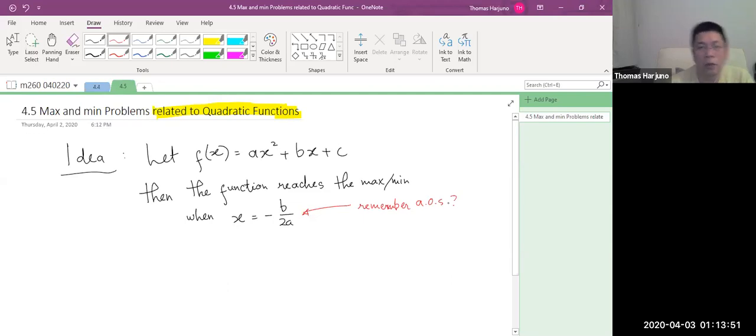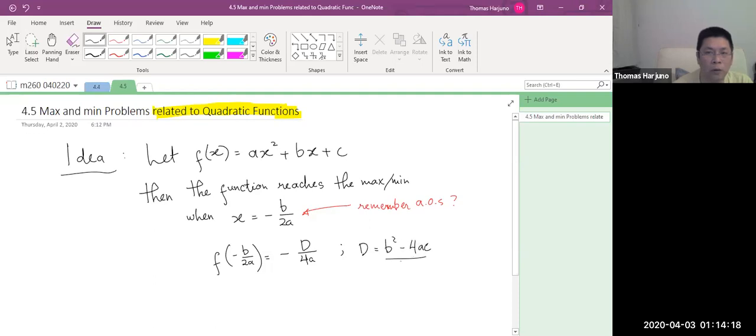On top of that, if I plug this x into the function, f of negative b over 2a, you will see this equals negative D over 4a, where D is the discriminant, b squared minus 4ac.